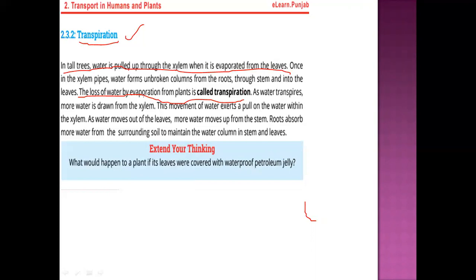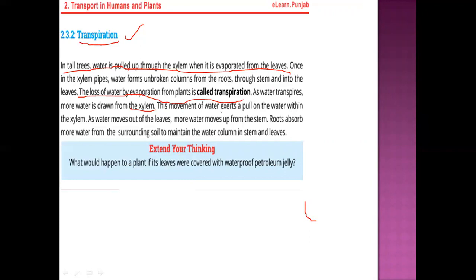From stomata, from the openings of the leaves, water gets evaporated and comes out of the leaves. This is called evaporation, and this process is called transpiration in plants. So as water transpires, more water is drawn into the xylem. When the water moves out of the leaves, from the roots more water comes into the xylem.